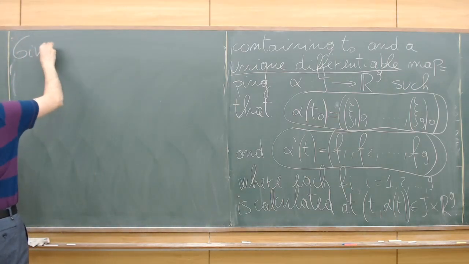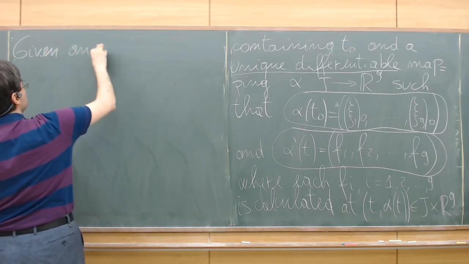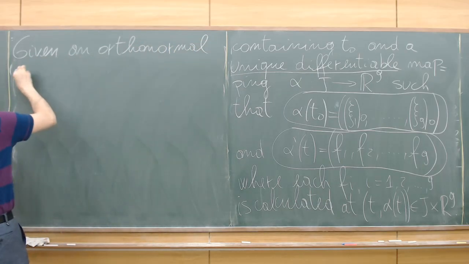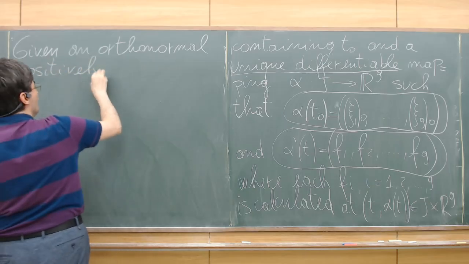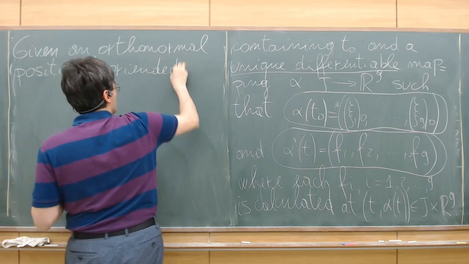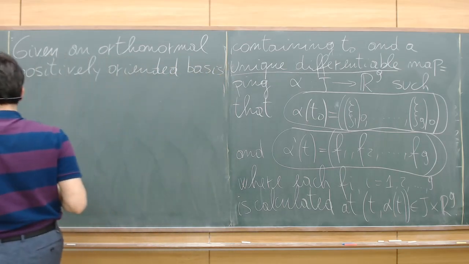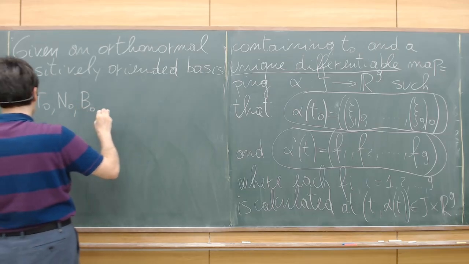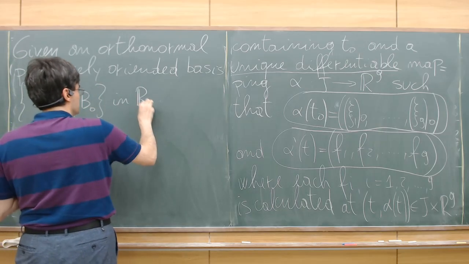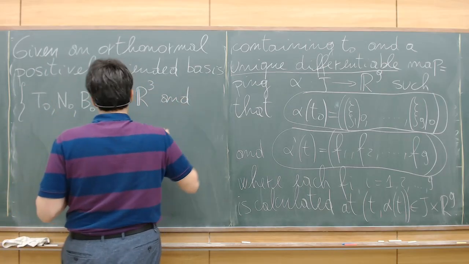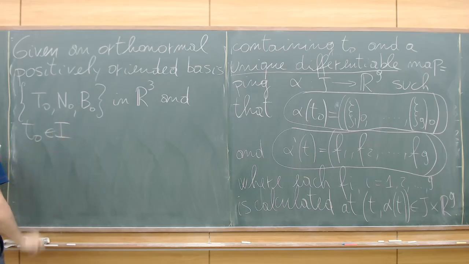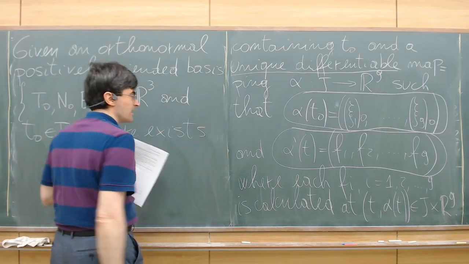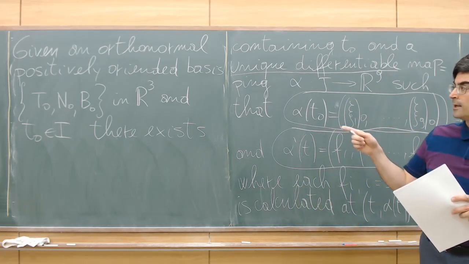Given an orthonormal, positively oriented basis T0, N0, B0 in R3 and t0 in I, there exists a solution to the Frenet equations.